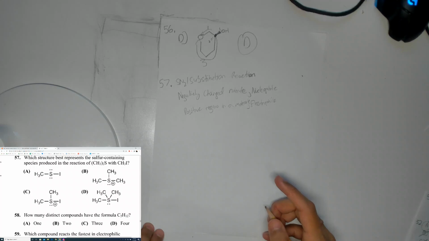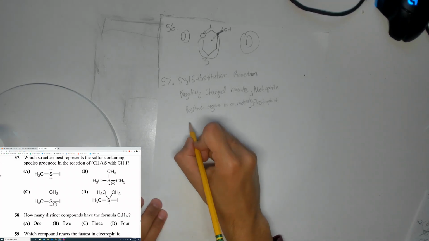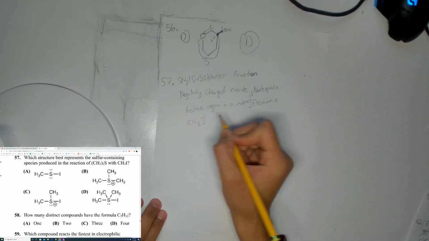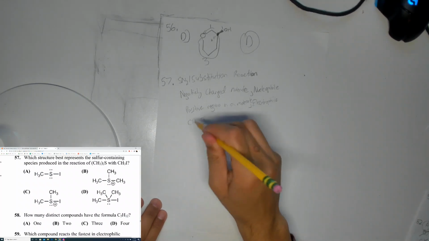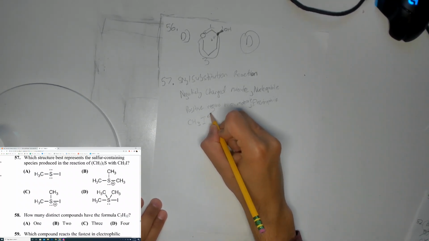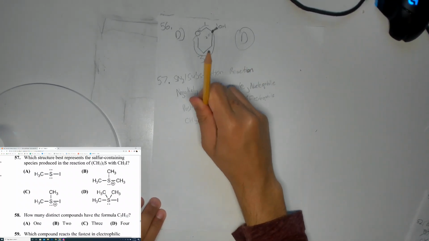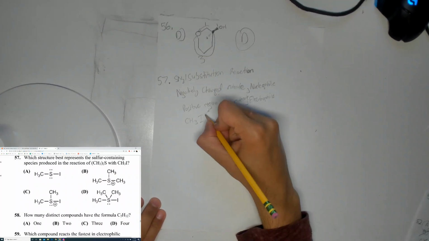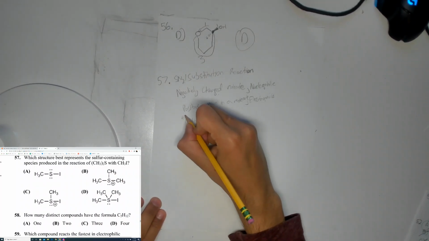So whenever you see a molecule like CH3I, this is gonna be your electrophile. The negative charge goes here, and then the positive charge goes there.